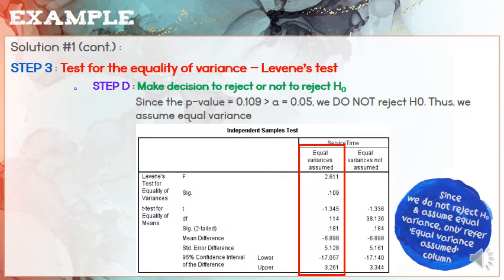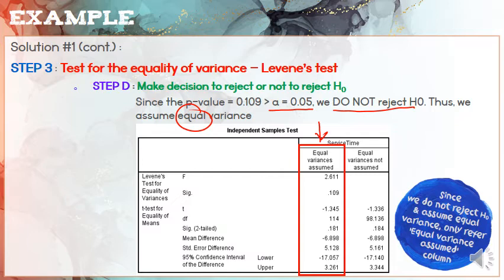Since the p-value 0.109 ini lebih besar daripada alpha yang kita decide 0.05, we do not reject our H null. So kalau kita tak reject our H null, kita assume equal variance. So bila you dah decide saja ataupun bila kita dah conclude saja yang kita assume equal variance, please refer column yang cerita yang bagi value where dia assume equal variance. You neglect, discard another column where dia not assume equal variance.